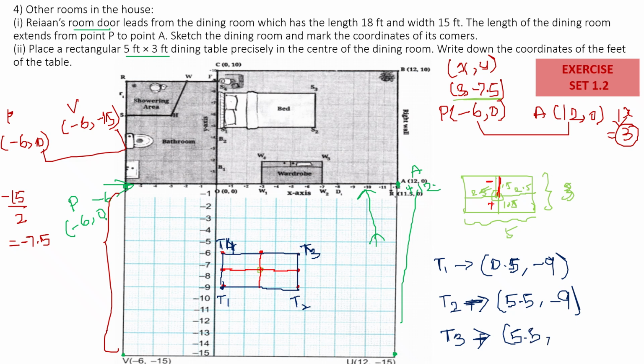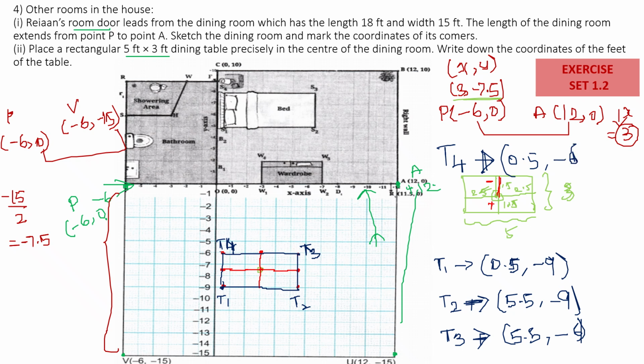And what about our y? It's minus 6. And T4 I'll write here. T4, that is also going to be 0.5 on the x-axis. And what about the y-axis, which is minus 6?